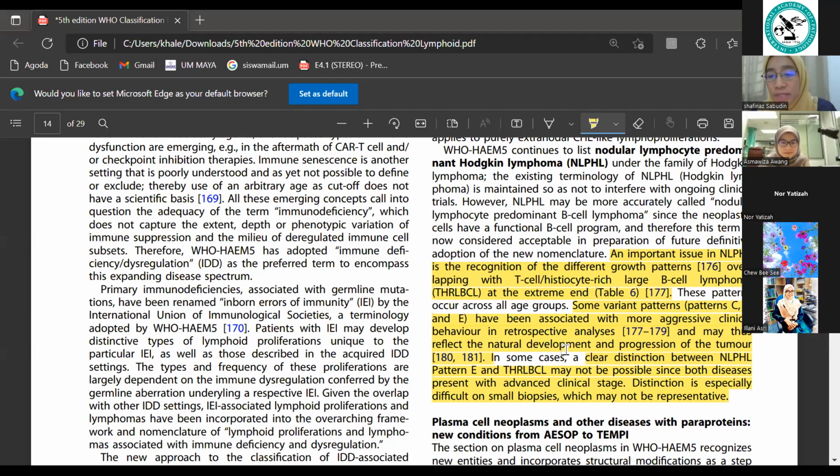And a clear distinction between nodular lymphocyte predominant Hodgkin lymphoma pattern E and T histiocyte-rich B-cell lymphoma may not be possible, since both diseases present with advanced clinical stage. Distinction is especially difficult on small biopsies, which may not be representative. So they have actually recognized this difficulty and have added it into the latest edition of the WHO classification of lymphoid neoplasm.